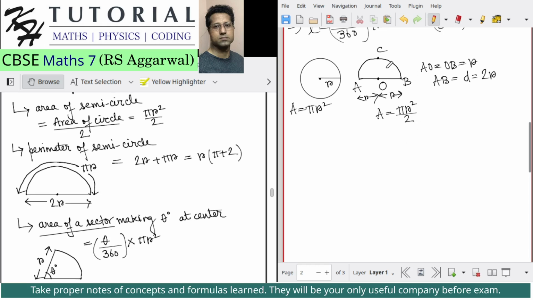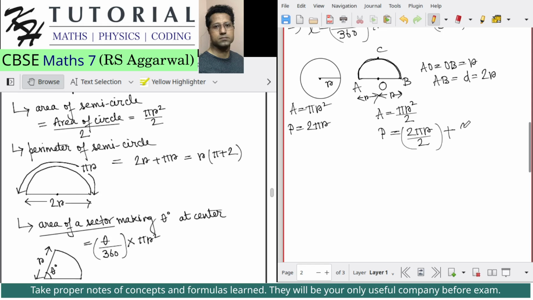But what will be the perimeter of this semicircle, that is ACB? For the full circle we know the perimeter is equal to 2 pi r, and for the semicircle the perimeter will be half of the circumference, that is this part ACB, which is pi r, plus the diameter, that is the line segment AOB.